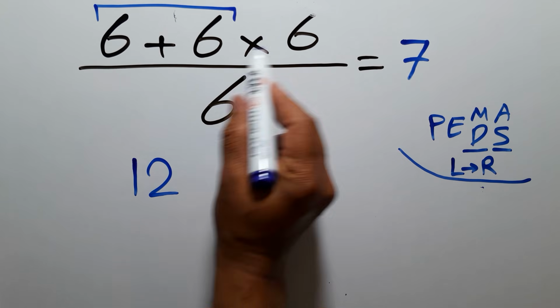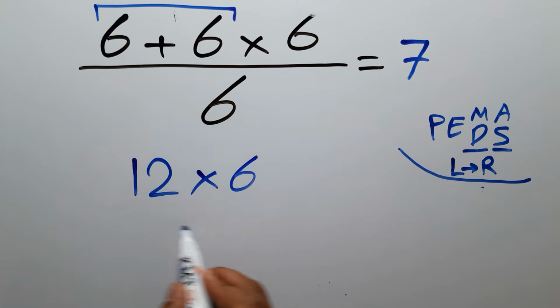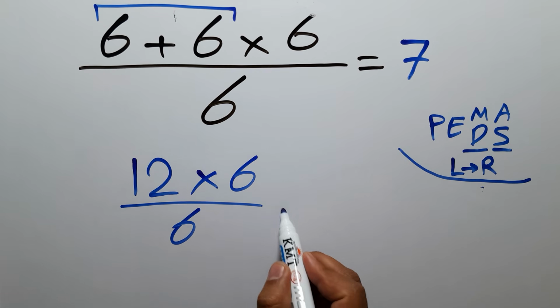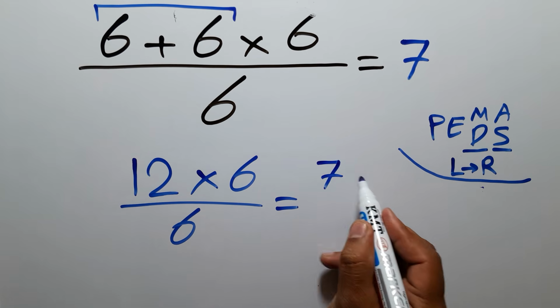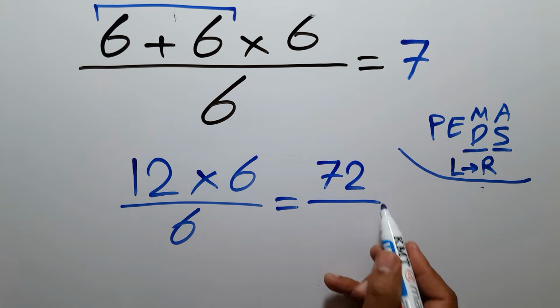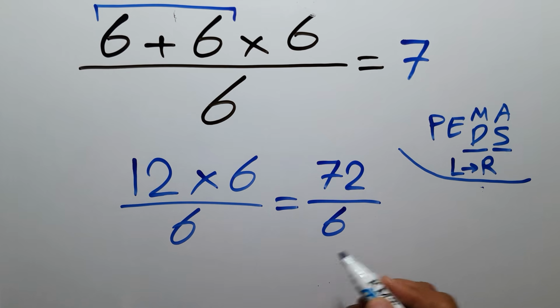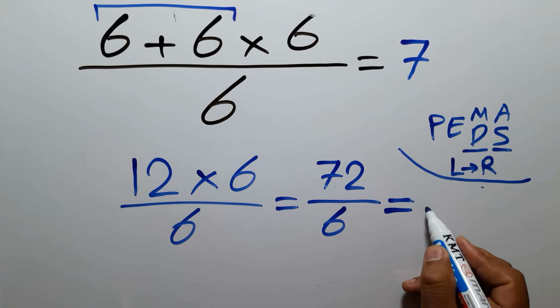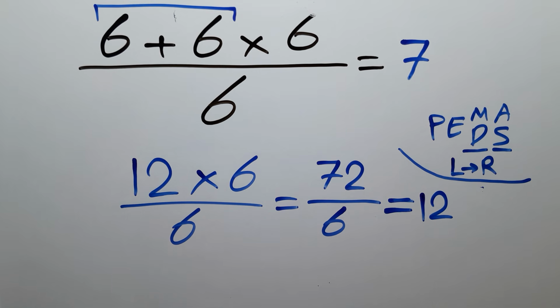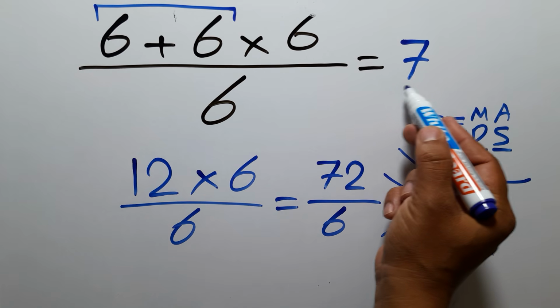So we have 12 times 6 over 6. Okay? 12 times 6 gives us 72. So 72 over 6, which equals 12. But this answer is not correct. And the correct answer is just 7.